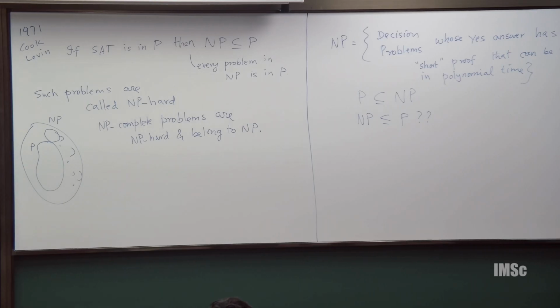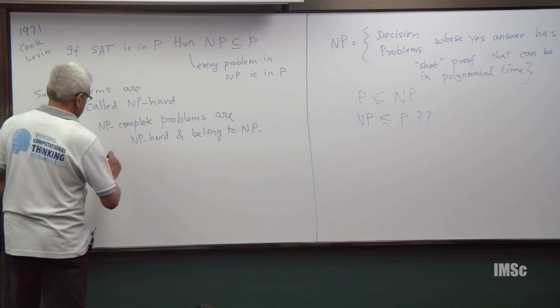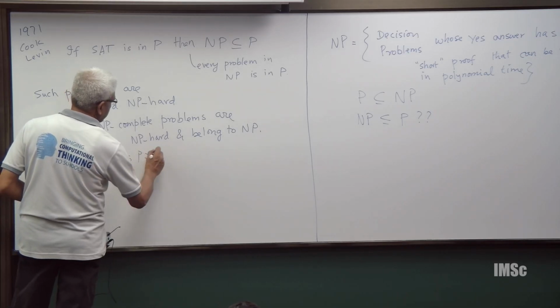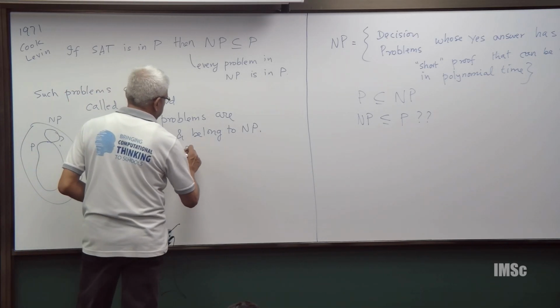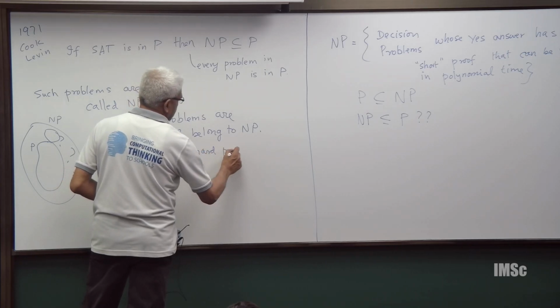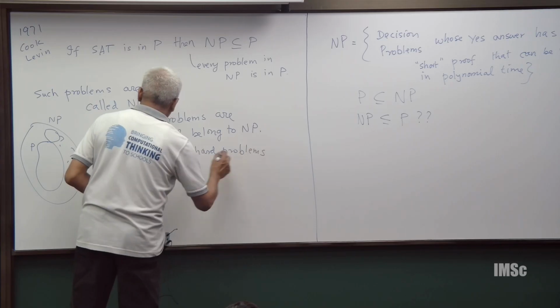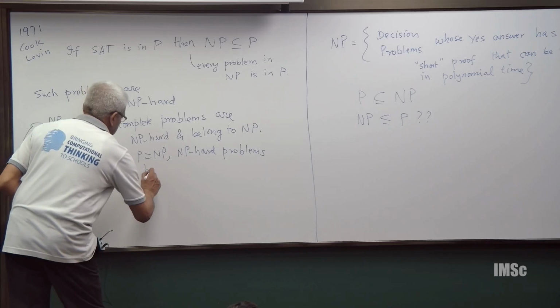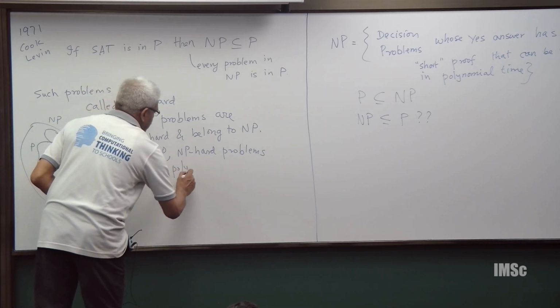And since NP is all about verification and P is about solving, it is believed that these two are conceptually different, computationally their complexities are different, and so unless P is equal to NP, NP hard problems do not have polynomial time algorithms.